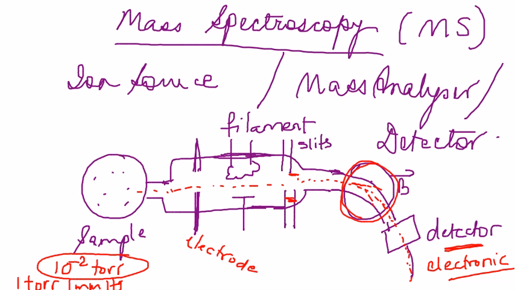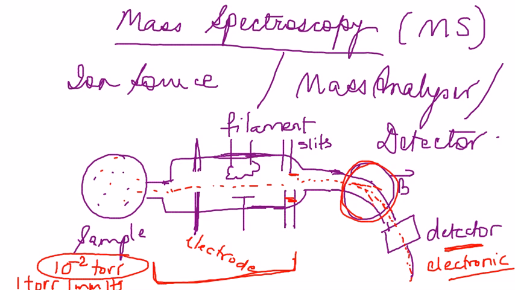So the heart of the spectrometer is the ion source. This part is where the majority of your stuff is happening. Once again, molecules of the sample, which I have shown by the little black dots, are being bombarded by the electrons.